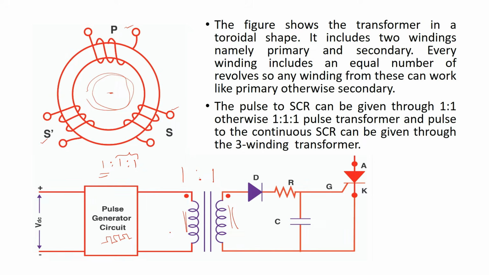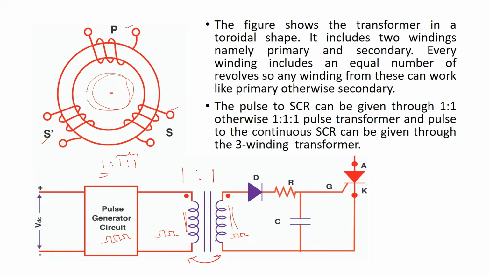The reason it is a 1 is to 1 transformer is that there is no impedance matching, or no voltage or current scaling between the windings.